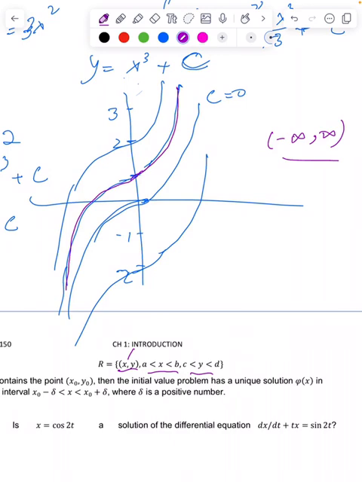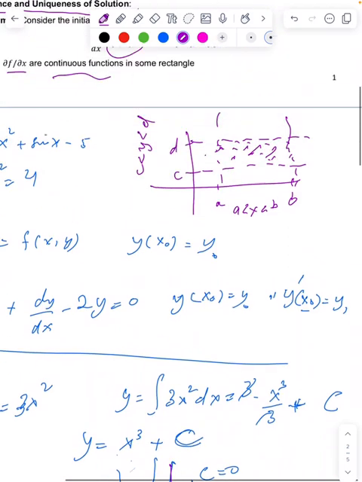Okay, so it says, if we have this situation that the function is continuous on that interval that we saw up there, and also the x naught, y naught point, I should say, must be in that rectangle.